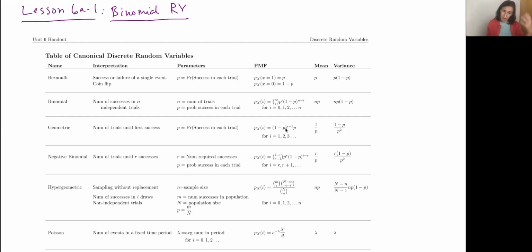So what I want to do is go through the most common ones. Something I've done for Unit 6 is make this table of the random variables that we're going to go through in the various lessons. It's on the website as its own document, and I'm going to go through it in chunks in the individual lessons.